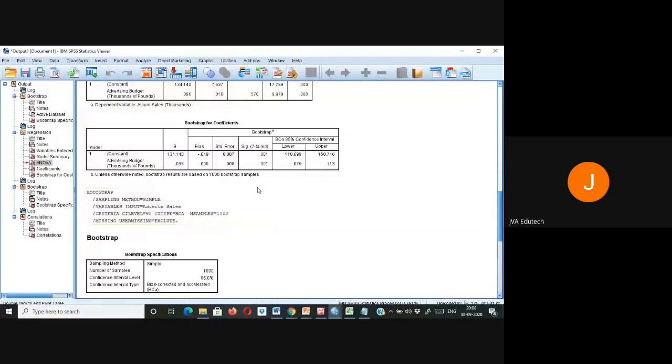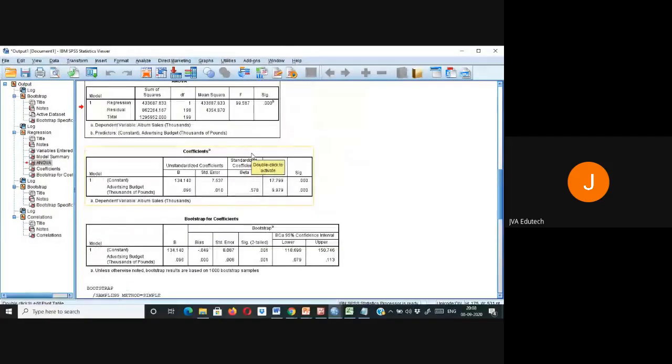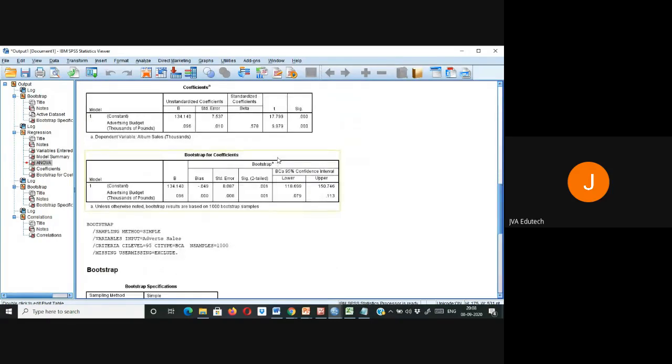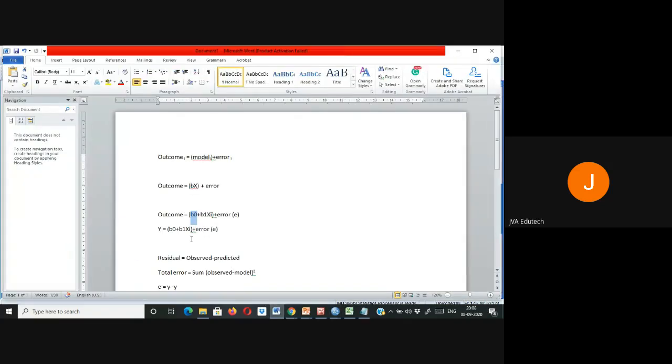Okay, so now let's look at this table. We have got ANOVA, and now this table. See this model: Y is equal to B0 plus Bx plus error. What is the B0 in this case? Intercept.